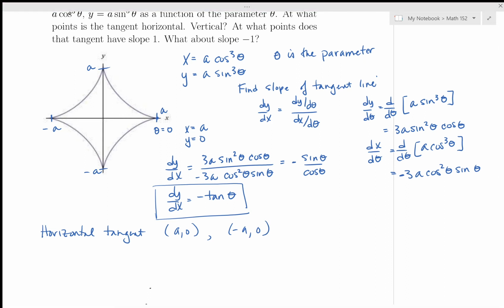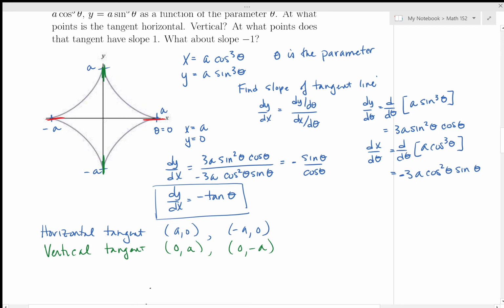You've got a horizontal tangent line here, and guess where the vertical tangent line is? The vertical tangent line is here and here. So we have 2 places for horizontal, and 2 places of vertical tangent. That is going to be at 0a and 0 minus a. Okay, so I've answered the question by looking at the picture.